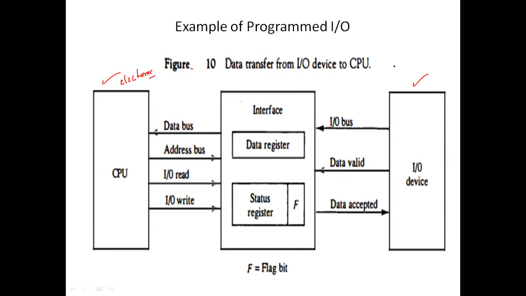But IO devices are electromechanical and electromagnetic devices. So there should be an exchange of information from an electromechanical or electromagnetic device to an electronic device.